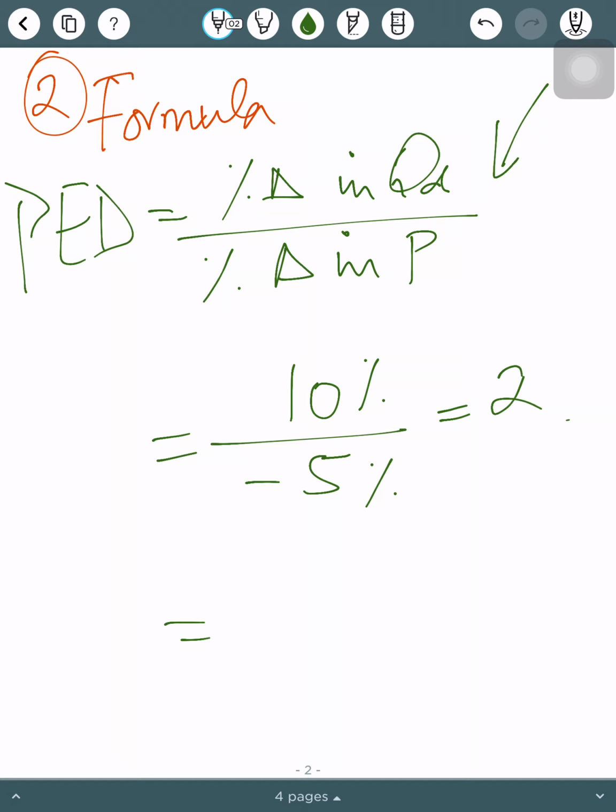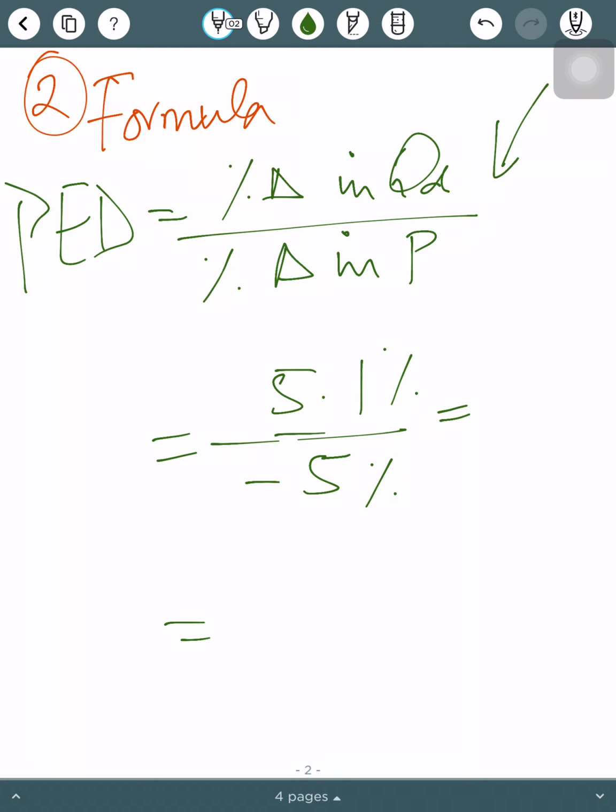So in that case, even if it were slightly greater than 1, even if the increase in quantity demanded due to a 5% decline in price of the product were 5.1%, even then the answer will be more than 1 and the PED of the product will be elastic.